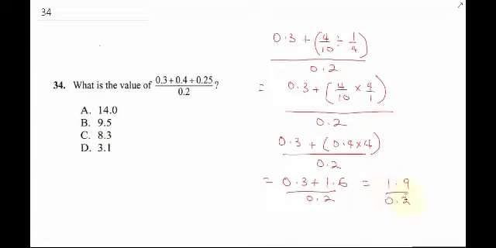In order to divide this, I'm going to multiply both up and down by 10. So this is going to give me 19 divided by 2, and that's going to give me 9.5. So as easy as that, you can solve these questions.